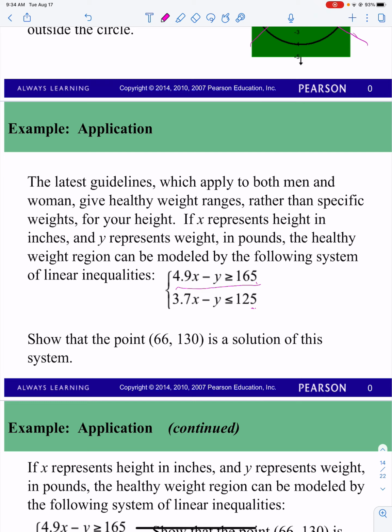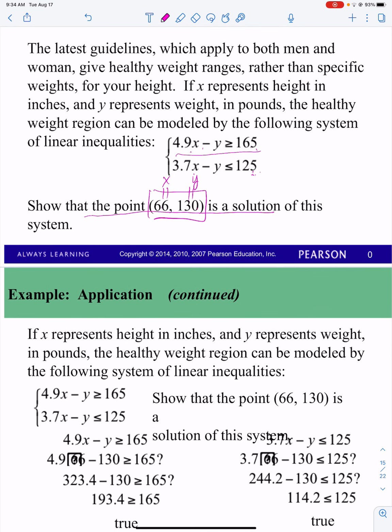Okay, so what should we do here? We want to show that the point is a solution. How could you check it is a solution? This is your x value, this is your y value. It has to satisfy both of the inequalities here, yeah?